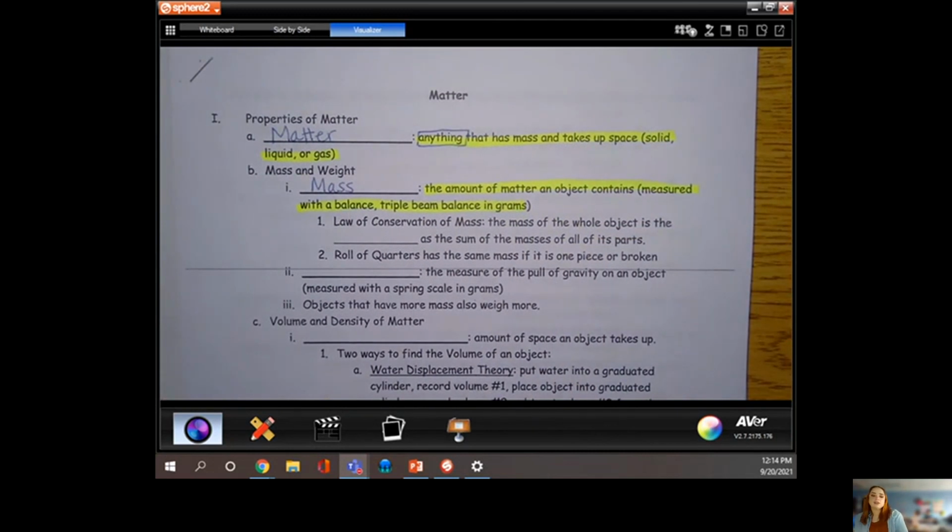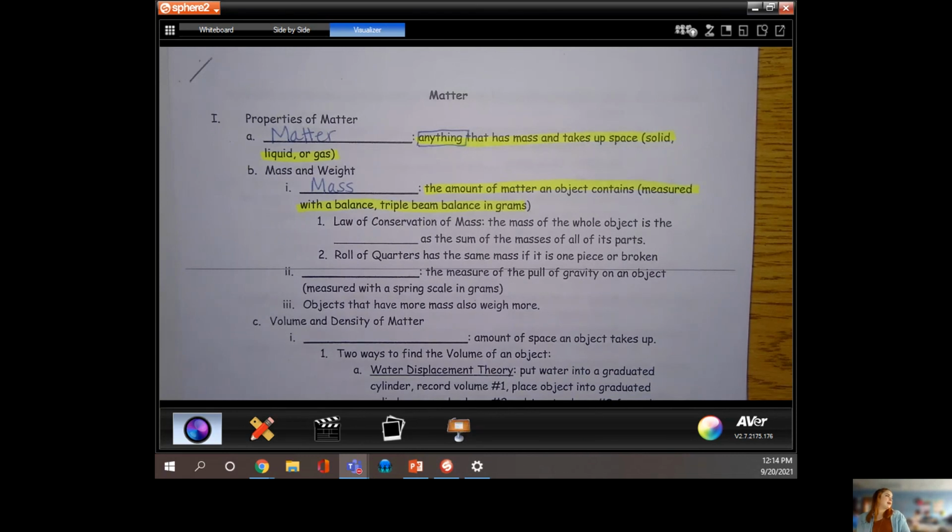All right, the law of conservation of mass. The mass of the whole object is blank as the sum of the masses of all its parts. So what does this mean?